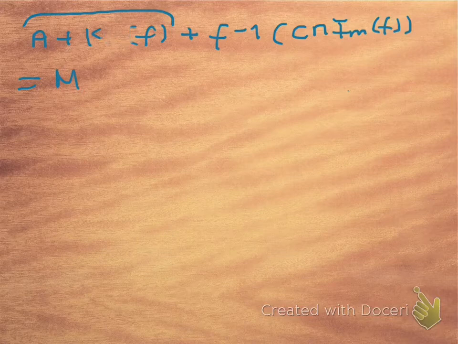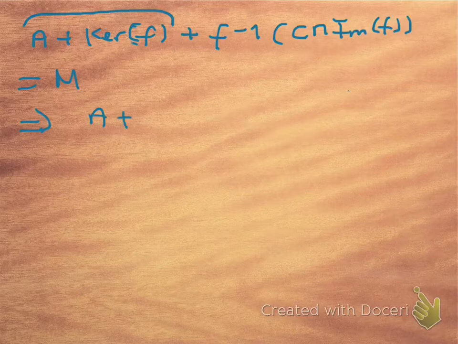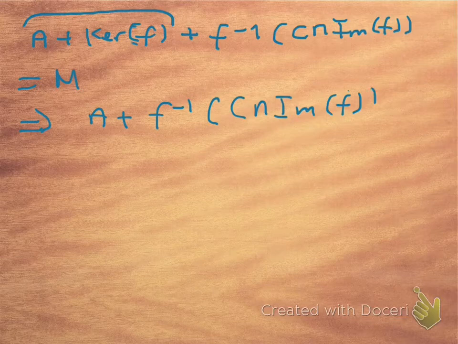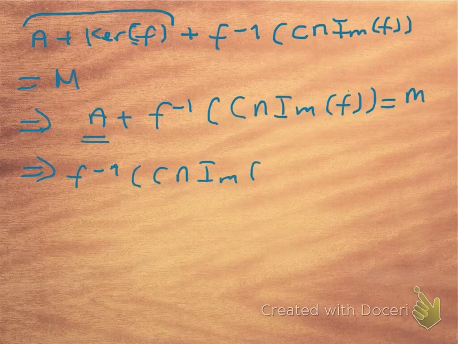The kernel F is actually contained inside this term here, so it can merge in it and give us A plus F inverse of C intersect image of F equal to M. But then we know that A is small in M, therefore this implies F inverse of C intersect image of F is equal to M.